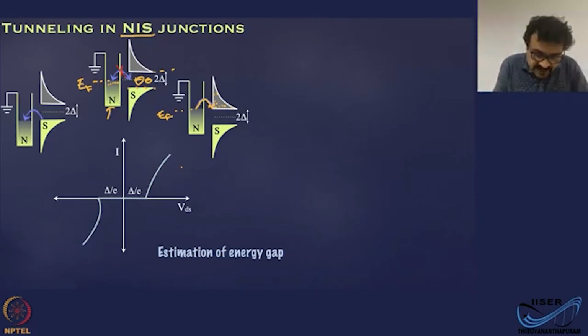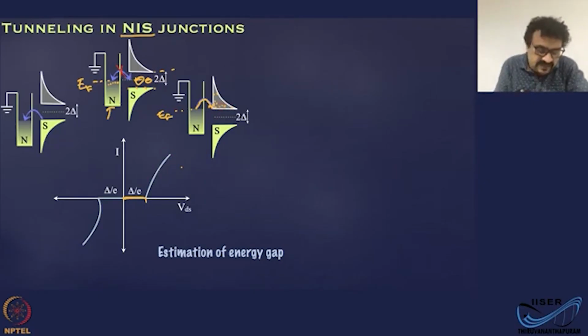So from zero bias through a bias of delta by E, no current. In this window, no current. But once you align this quasi-particle level, which is delta above the Fermi level on the superconducting side, then the current will start increasing because you have available states for these electrons to tunnel into.